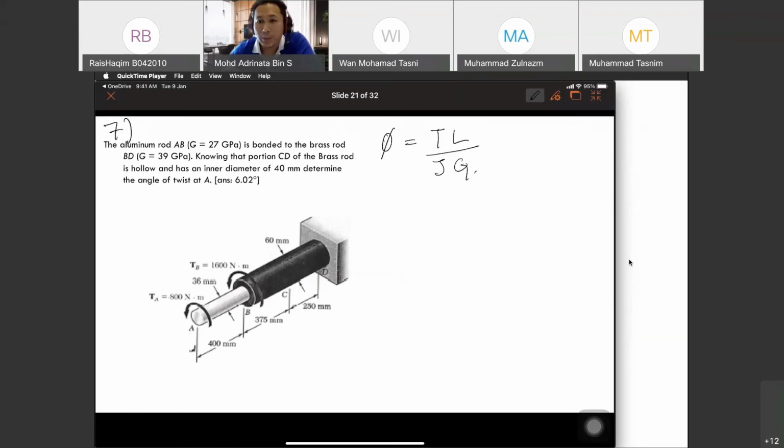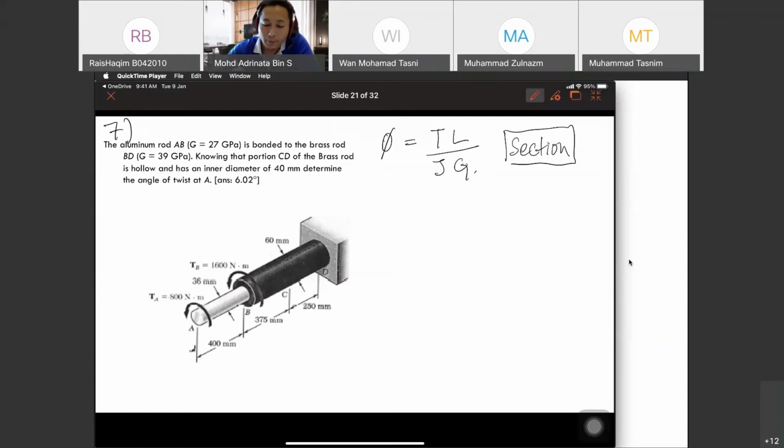How do you determine the section? Section ni adalah yang kita potong-potong, cut tu. Okay, cut. So how do you determine the section? Section is depends on our equation.